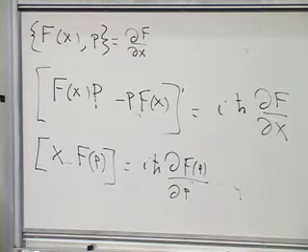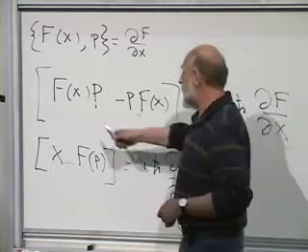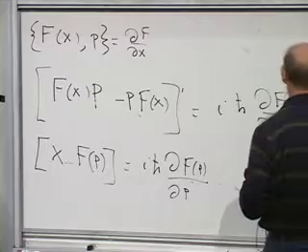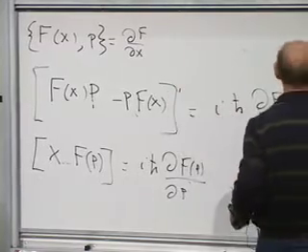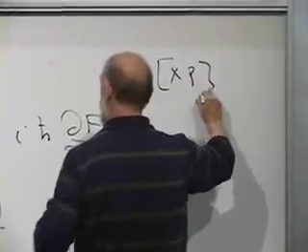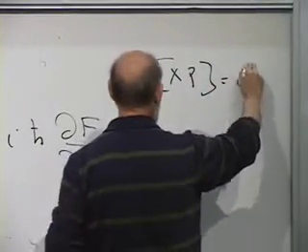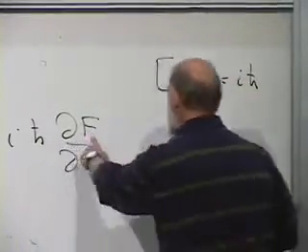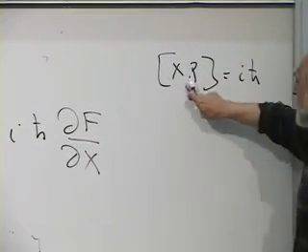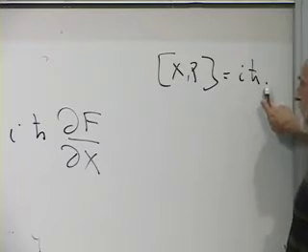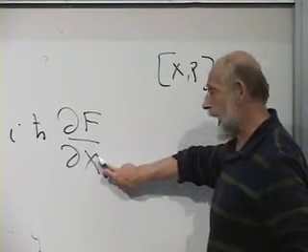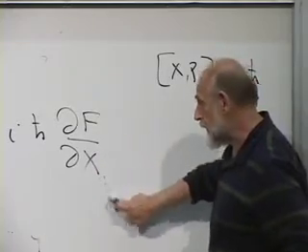The easy way to tell is supposing f of x was nothing but x itself. Let's write down what this says if f of x is just x. Then it says that the commutator of x with p is equal to I h bar times dx by dx. That's just 1. So it says commutator of x with p is I h bar. Then df by dx is 1.